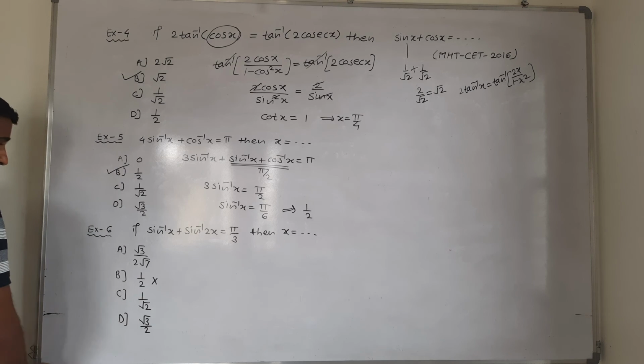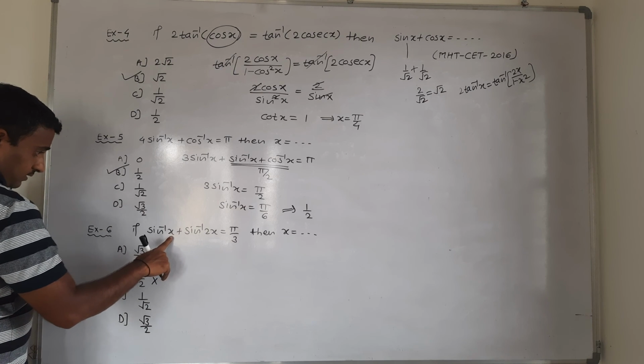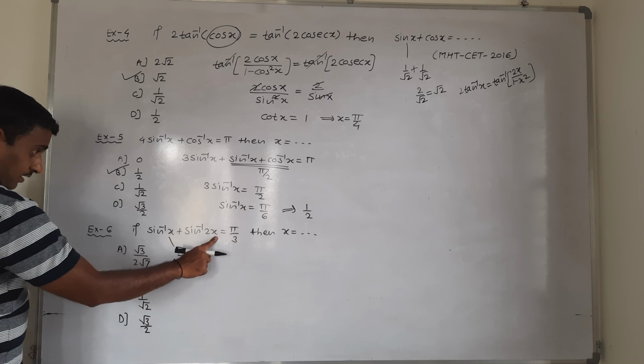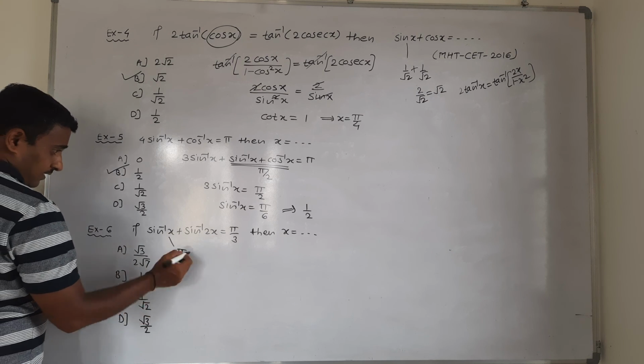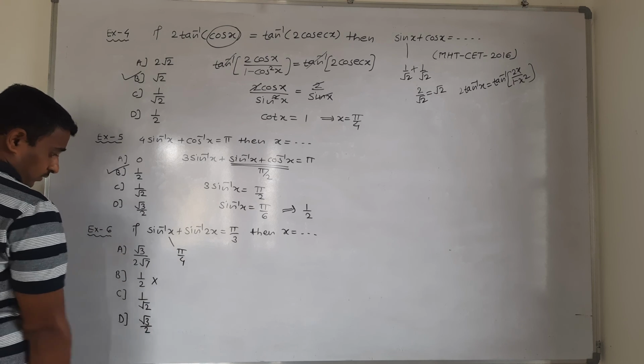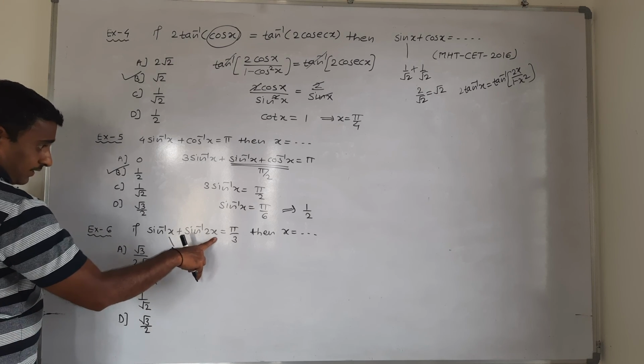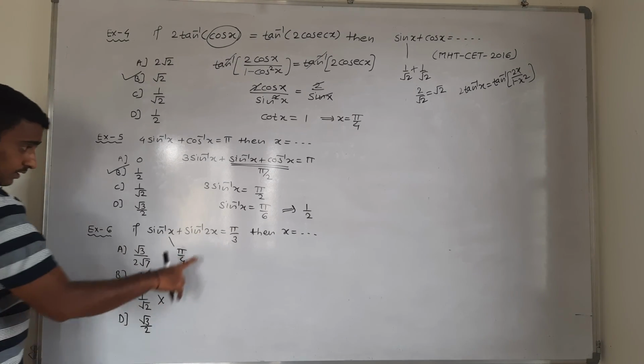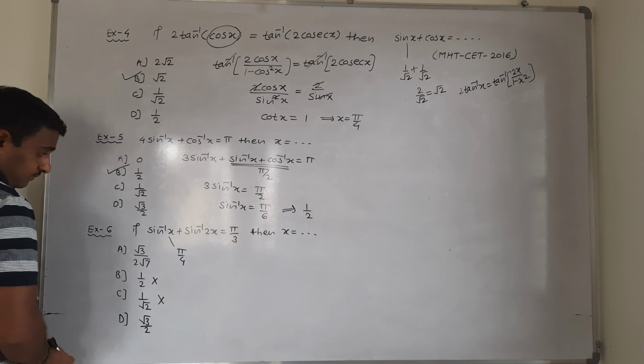Next, the second is 1 by root 2. Here x equal to 1 by root 2, then it is pi by 4, but 2x is root 2, which is not possible, because the value is above 1, out of range.